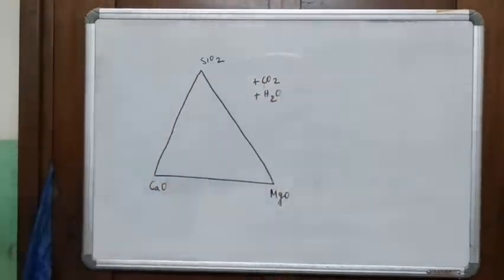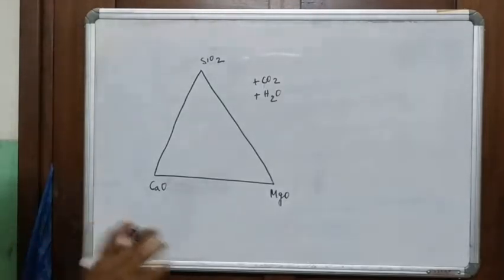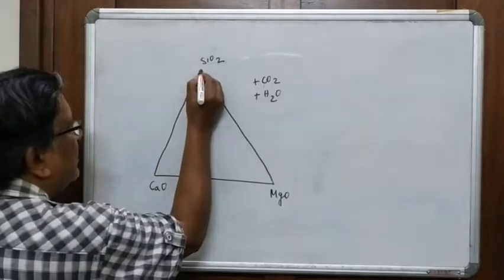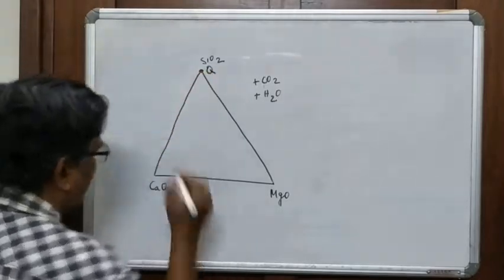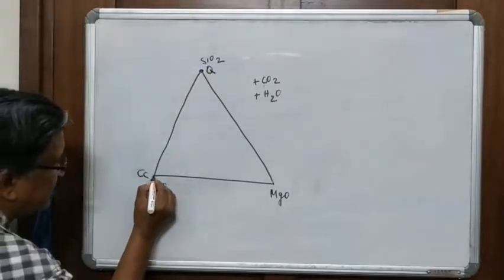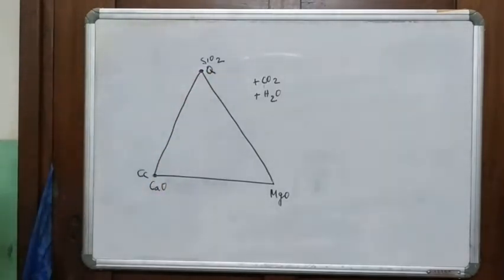This is what we have. And the phases that are stable here are quartz, calcite, CaCO3.